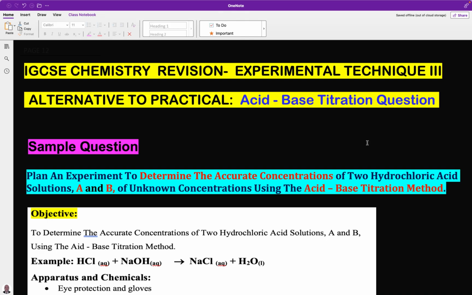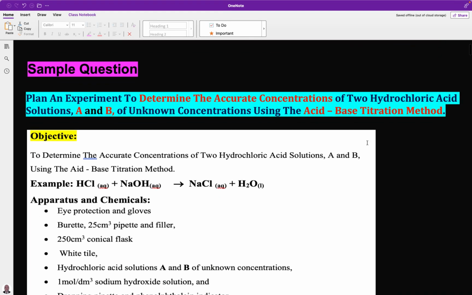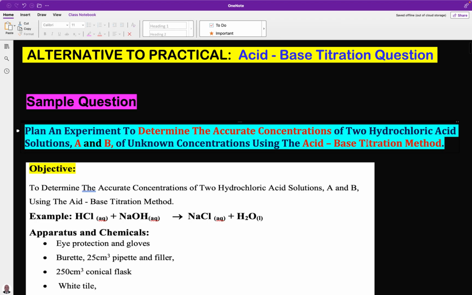Sample question. Plan an experiment to determine the accurate concentration of two hydrochloric acid solutions, A and B, of unknown concentration using the acid-base titration method.